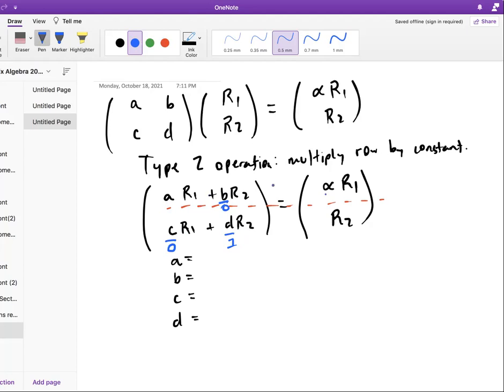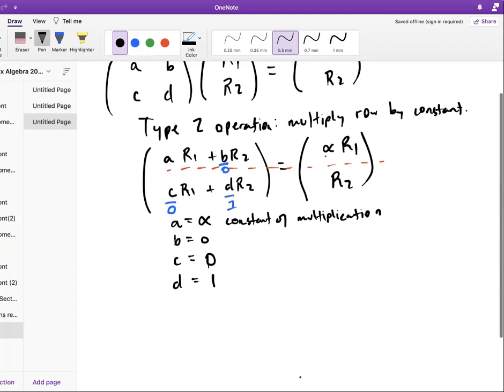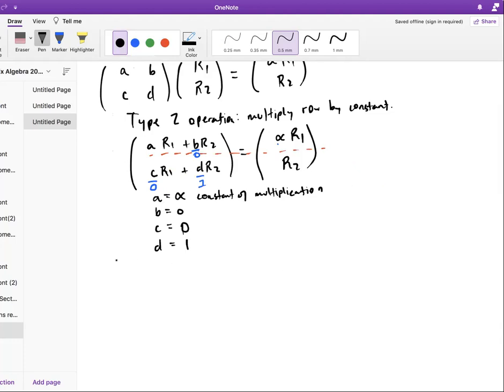A would be alpha. Not 1, right? 1 would just make it no change. So A is the constant of multiplication. B is 0, C is 0 and D is 1. So if you want to look at that as a matrix, we have alpha 0, 0, 1. So this is the matrix that multiplies a row by a constant, in particular row 1.